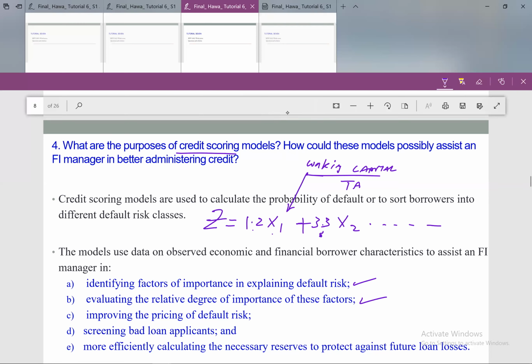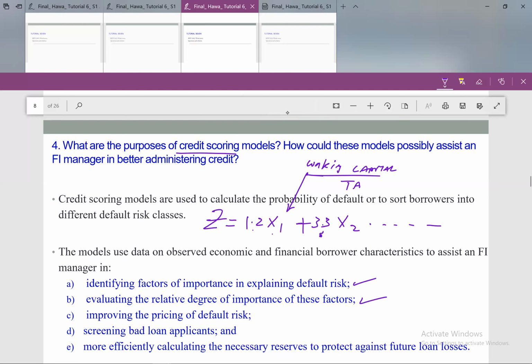Now the Z value can be 1.81, right? Still you can accept. But what if a company comes with 1.85 and another company comes with a Z of 5? This is a very quality loan. Even if it is 3, still okay, but this one is high.